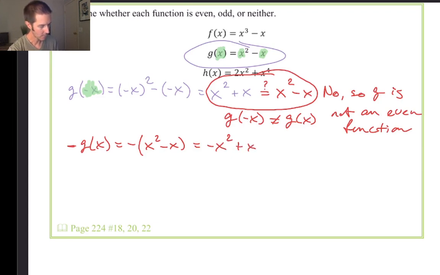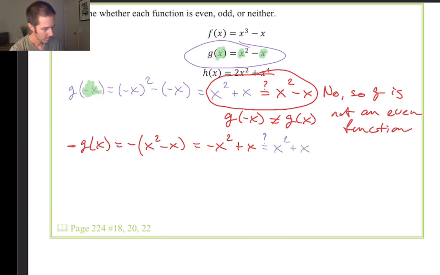And then we're going to ask the question, does this equal g of negative x, which we already determined? So let me put a question mark over that equal sign. Does that equal x squared plus x?